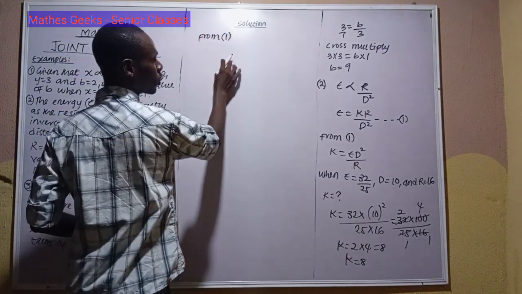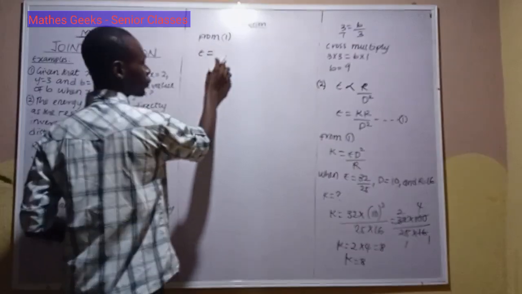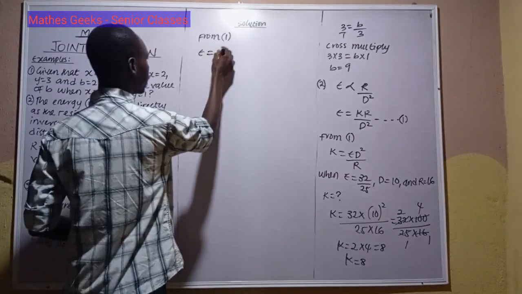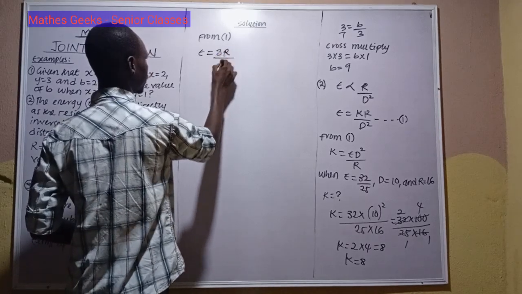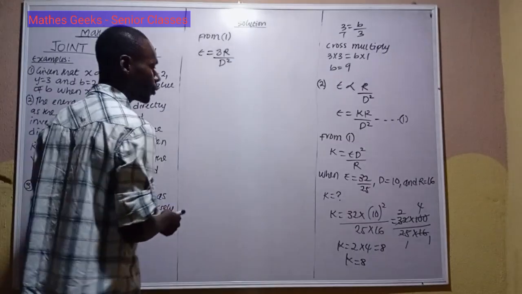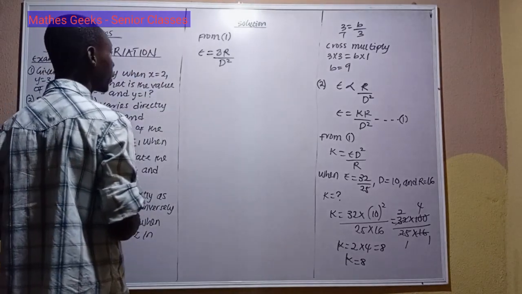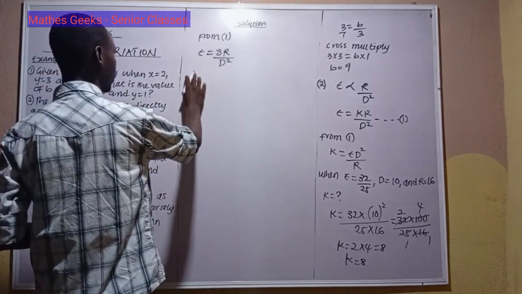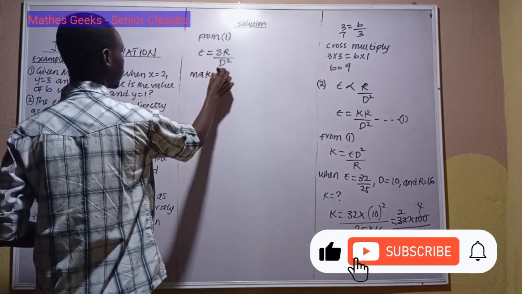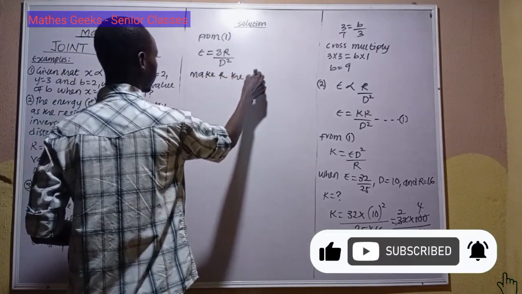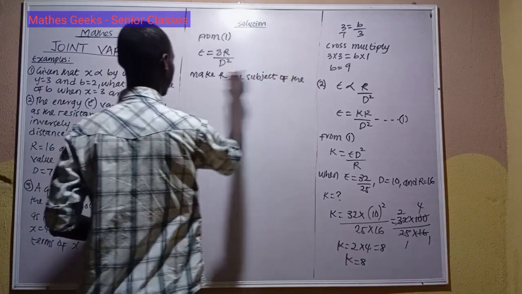From 1, E is equal to Q, 8 R over d squared. When we're going to look for R, we're going to make R the subject of the formula.